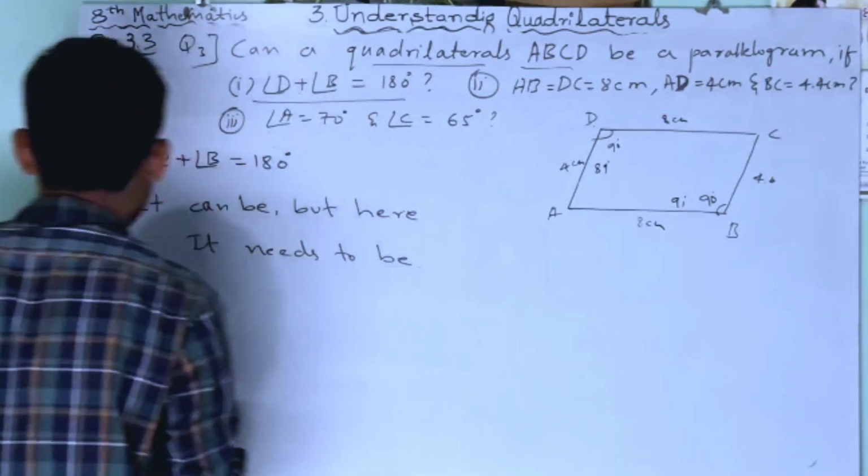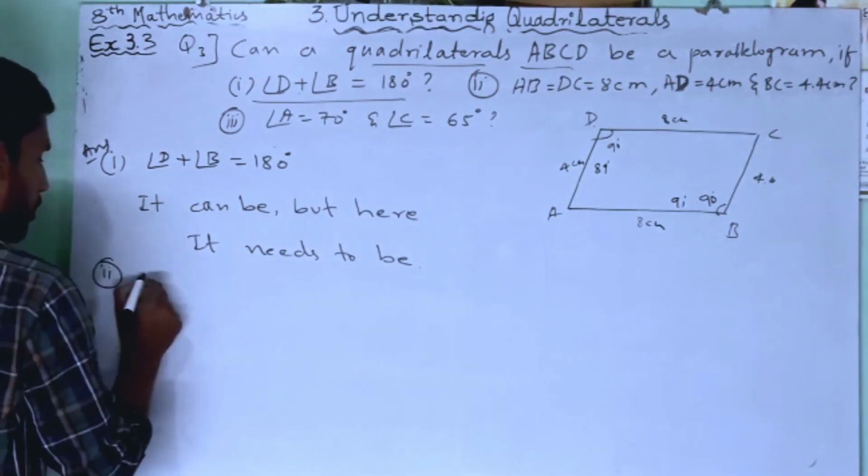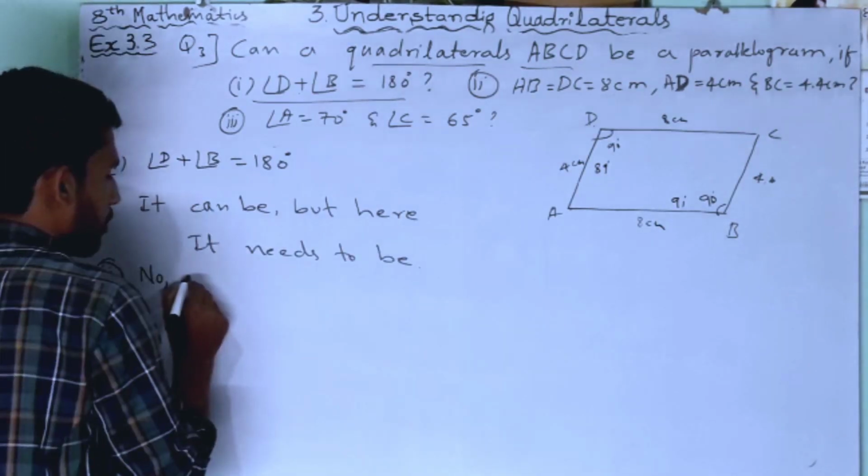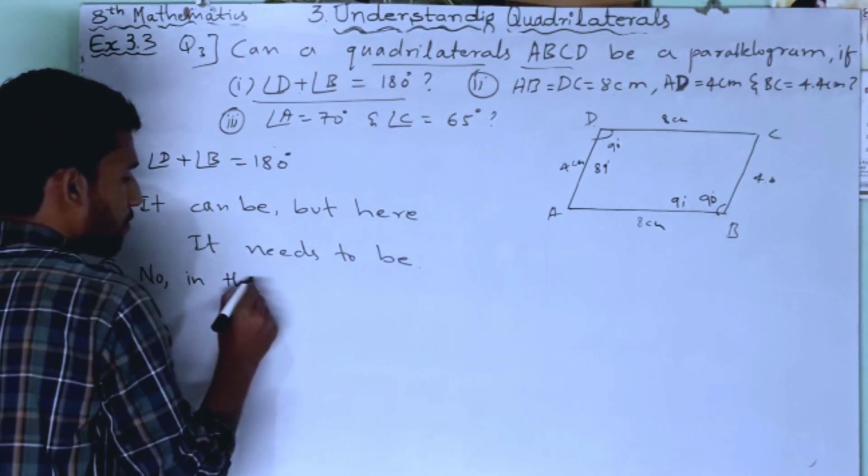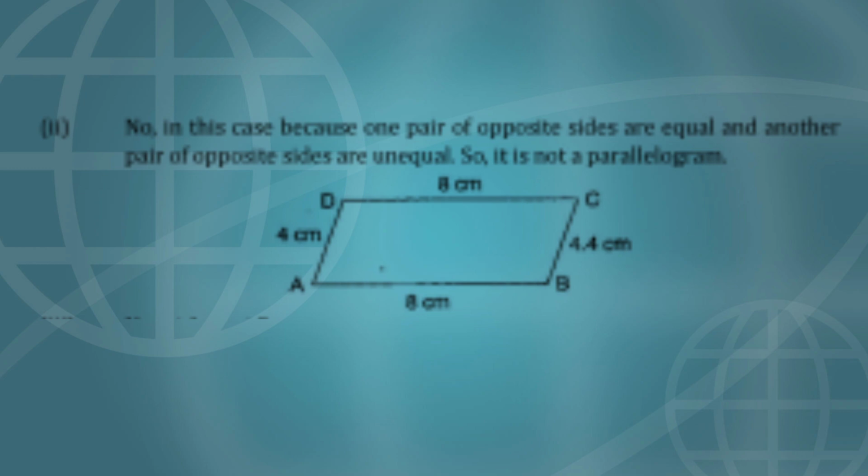Okay, now we can write the second answer. In this case, because one pair of opposite sides are equal and another pair of opposite sides are unequal, it is not a parallelogram.